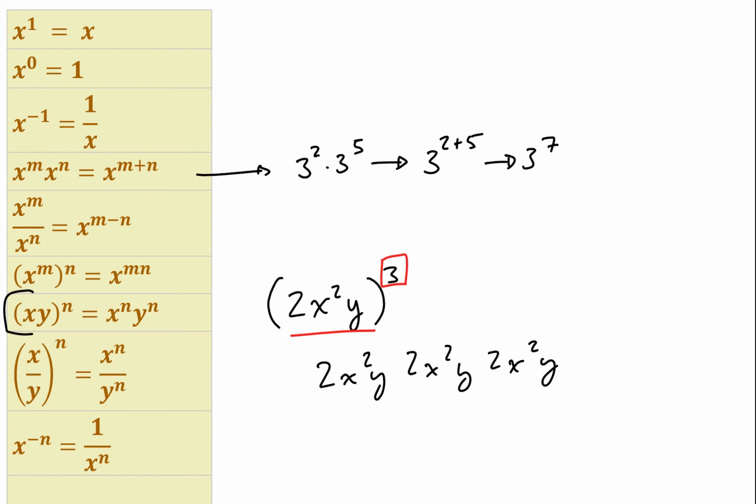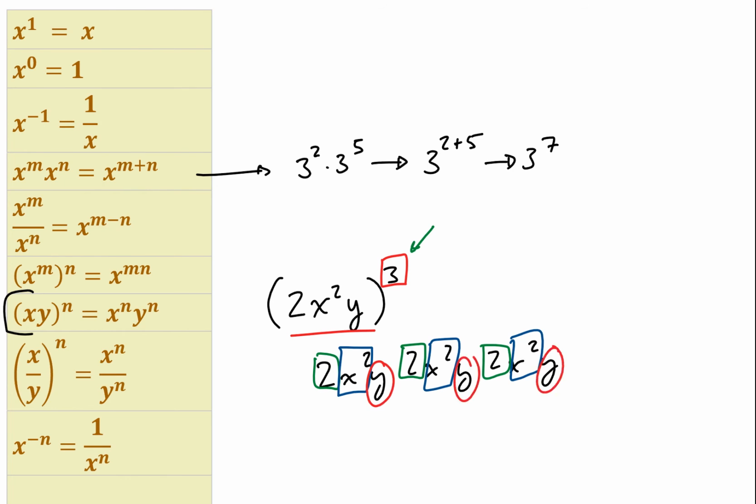If you look at this, there's 1, 2, 3 factors of 2. There's also an x squared, another x squared, and another x squared, so I've got a total of 6 factors of x. And there's a y and a y and a y.